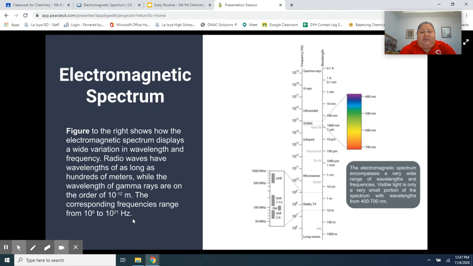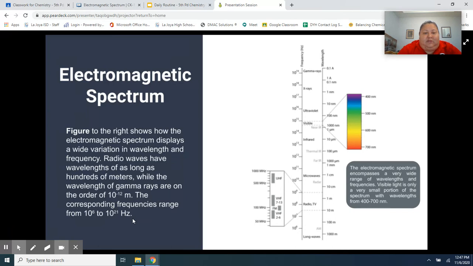All right, so the figure to the right shows how the electromagnetic spectrum displays a wide variation in wavelength and frequency. Radio waves, remember, are as long as those buildings in New York City and maybe even longer. I think in the video it says it's as long as the earth.